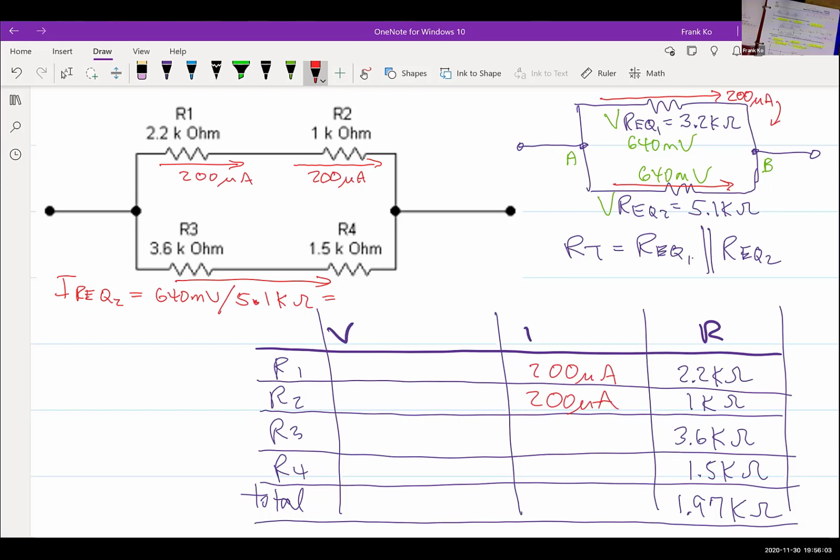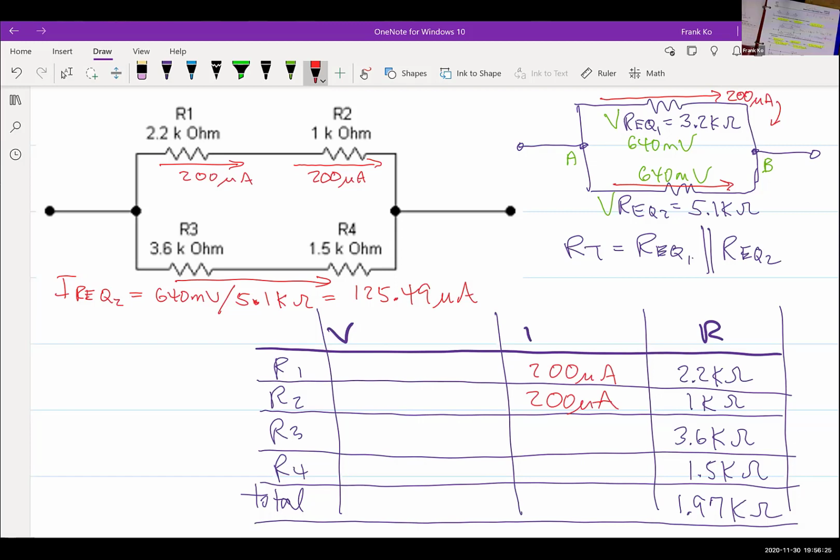So this calculates to be how much current do you calculate, Yusuf? 125.5 microamps. 125.49 microamps. How many people agree?